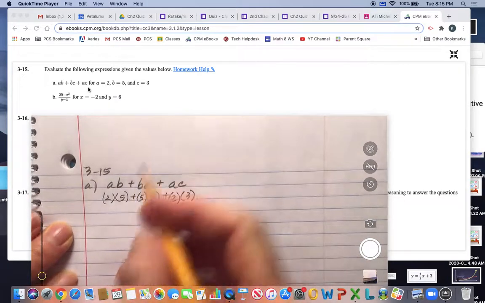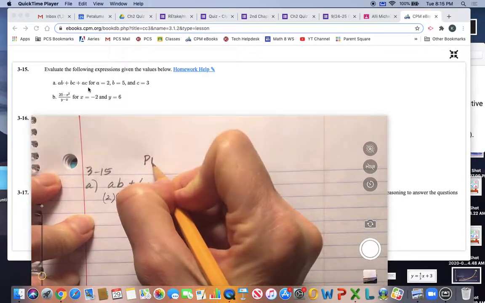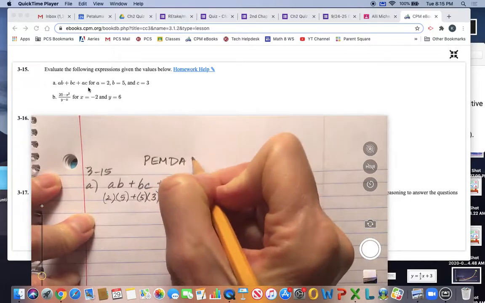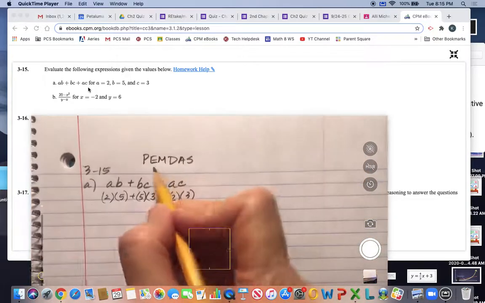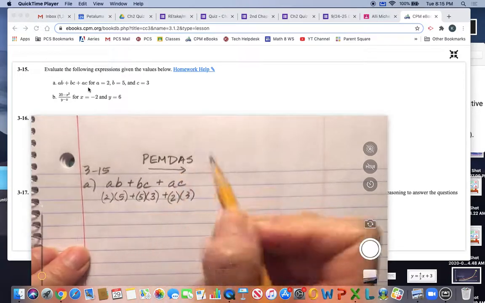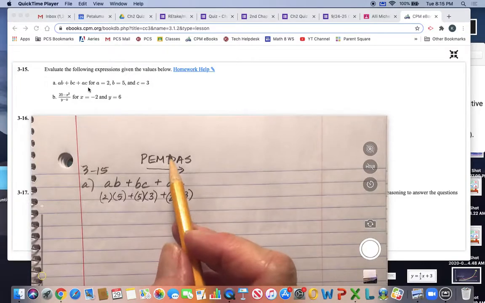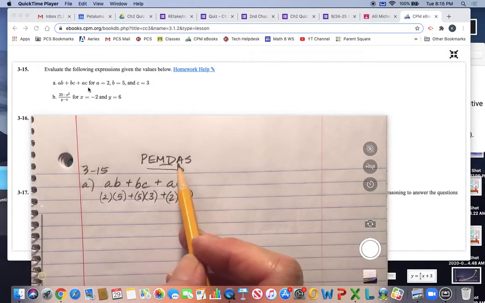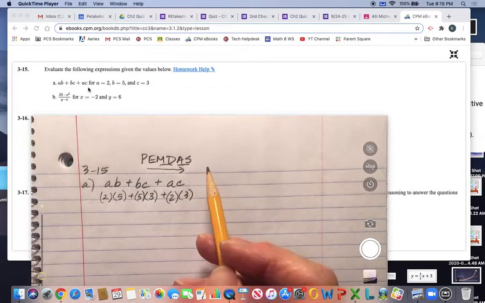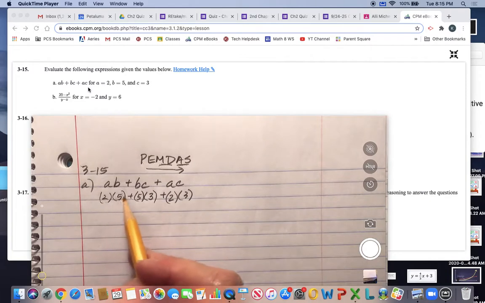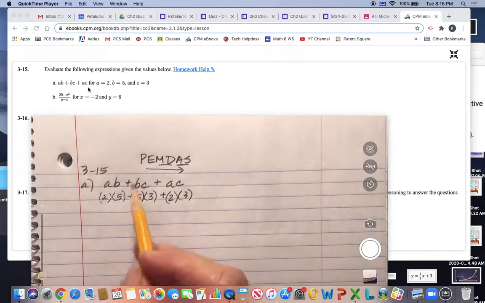Okay, so now with order of operations, and remember we use PEMDAS to help us remember what the order of operations is, and that's from left to right. So parentheses first, exponents, and then multiplication and division, and addition and subtraction. Of course, we have these parentheses here, but there's nothing else going on inside the parentheses except one number, so we don't have to worry about that.